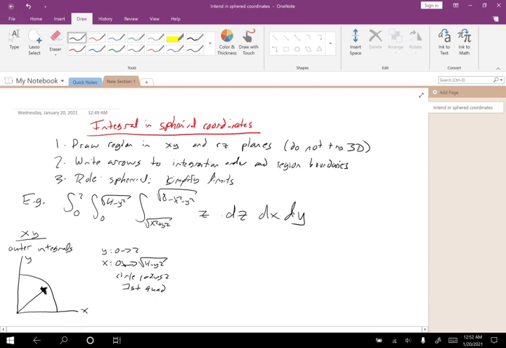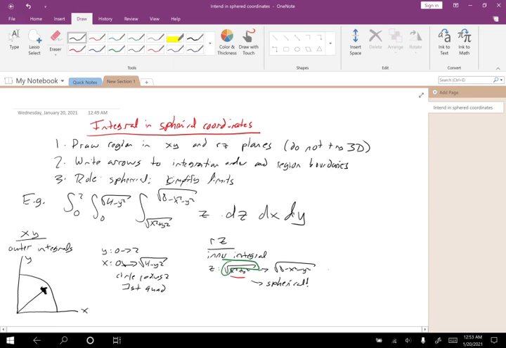So now we look at the rz plane, and we'll look at the innermost integral. Now z is ranging from that square root to that other square root, and we know that if you see square roots and x squared plus y squared, we should immediately think spherical, because this should hopefully make our life a lot easier.